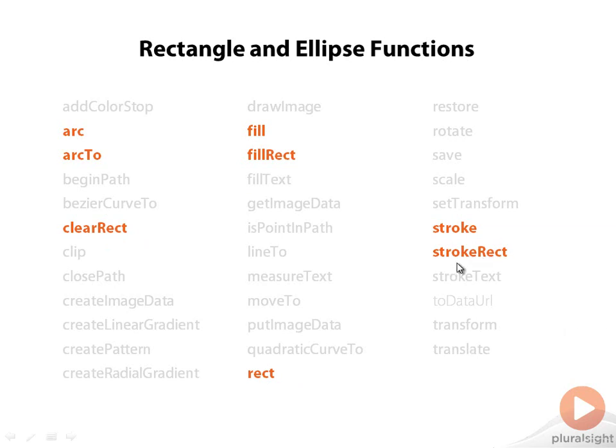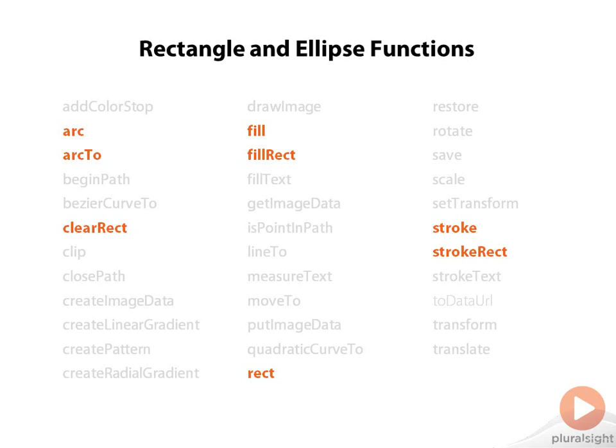So some of these functions, such as stroke and fill, can be used to fill a rectangle that might have been rendered or fill an arc that might have been rendered. Whereas things like stroke rect will draw a border around a rectangle, whereas fill rect will automatically fill with a specific color, and you'll see it'll default to black if you don't specify a color.